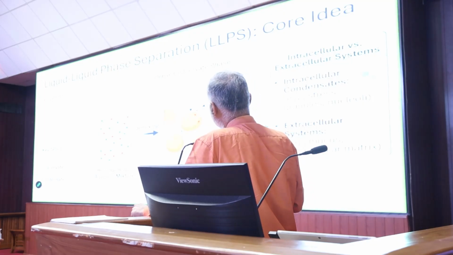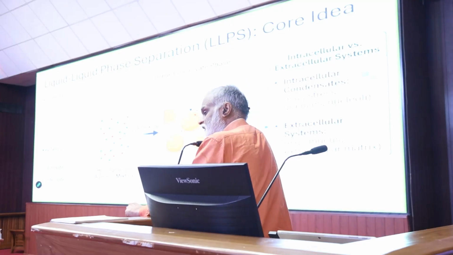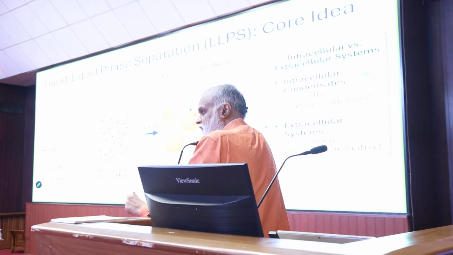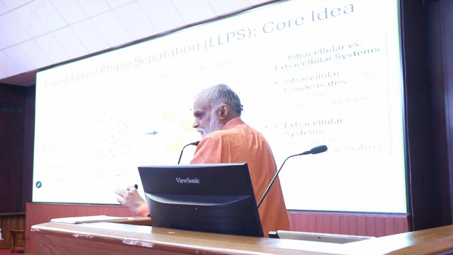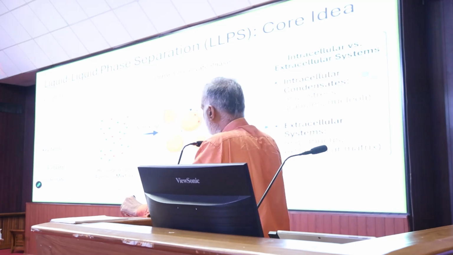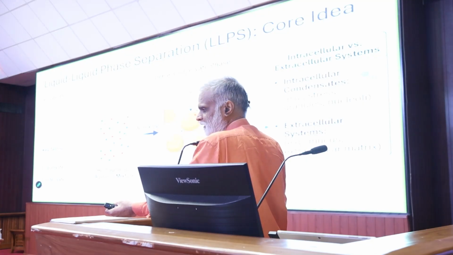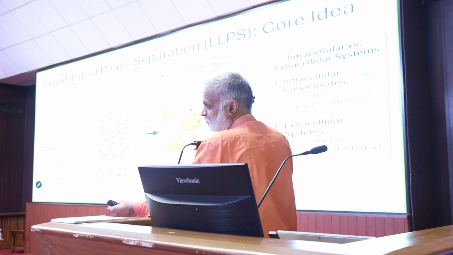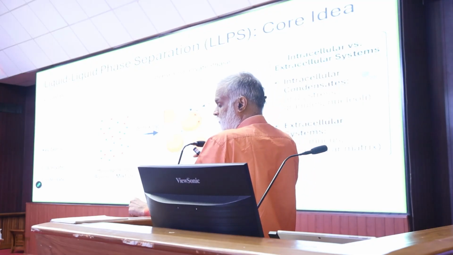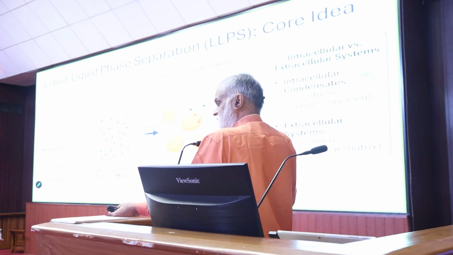What exactly is liquid? As you can see, in the morning Dr. Murthy defined that he's looking at the cell as a colloid. Now it has to be refined further. It is not just colloid, it is a separation of phases also. So this is the colloid we are talking about, heterogeneous or homogeneous, but there is a remixing that happens because of the inherent properties of the molecules, especially macromolecules, and ions and their properties.